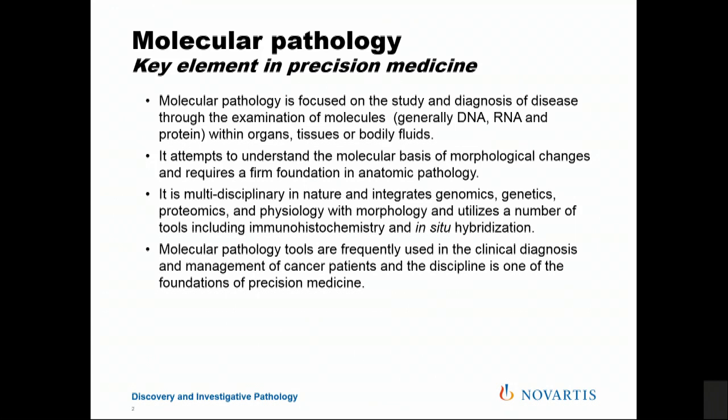By nature, it's multidisciplinary. It integrates data that comes from a variety of sources, and it uses a number of tools, including immunohistochemistry and in situ hybridization, along with advanced imaging modalities. Molecular pathology is frequently used in the diagnosis and management of patients clinically, and it's a discipline that's one of the foundations of precision medicine.